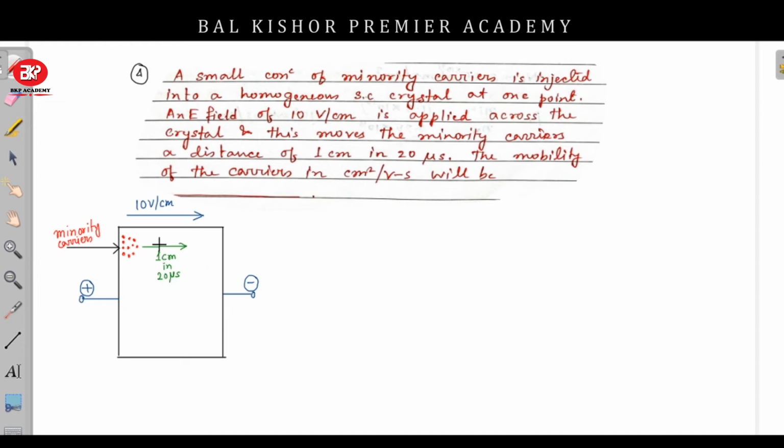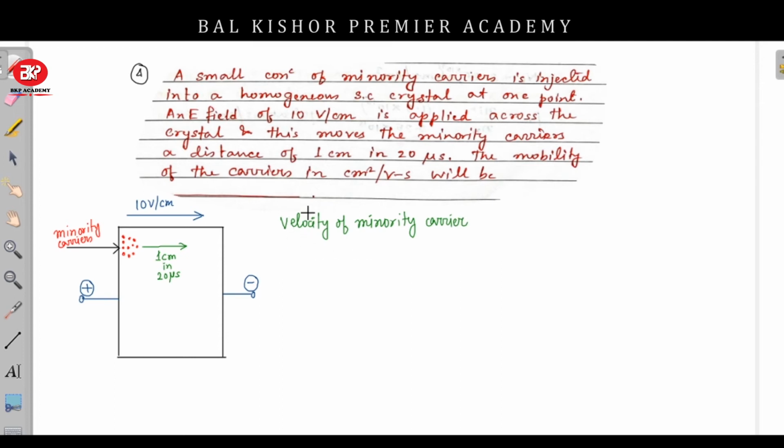Now from this data, if 1 centimeter is traveled in 20 microsecond, what will be the velocity of the minority carriers?